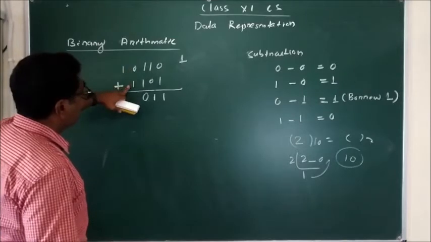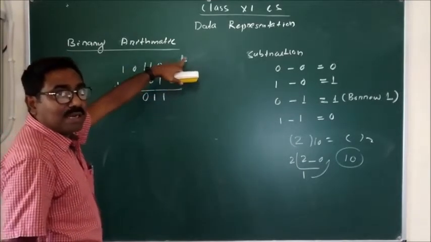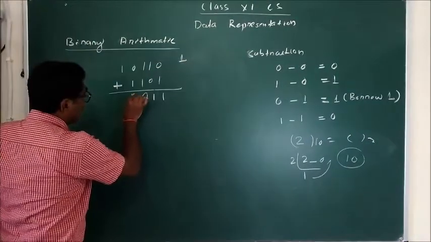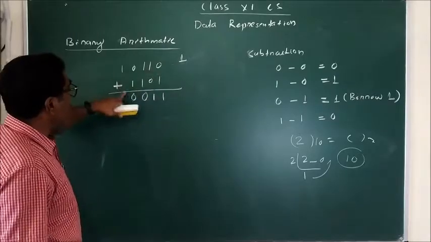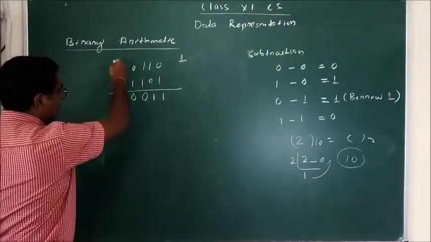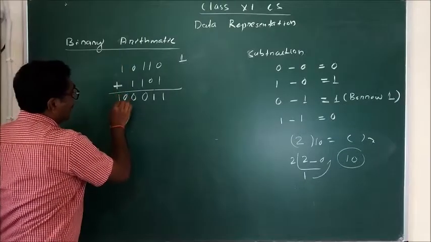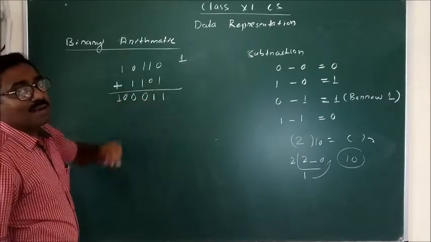Again 0 plus 1 is 1, plus this carry 1, that means 1 0 again. From that 1 0 I am taking 0 and 1 is the carry bit over here. Then 1 plus 1, again 0 is the result, another is the carry bit. If there is no more calculation, you have to write down the carry bit over here. So the number is now 1 0 0 0 1 1.